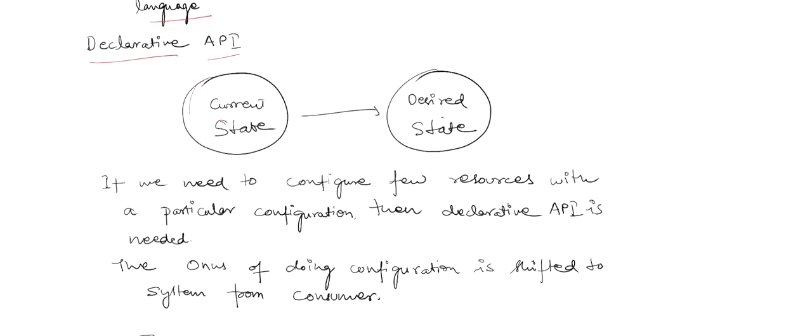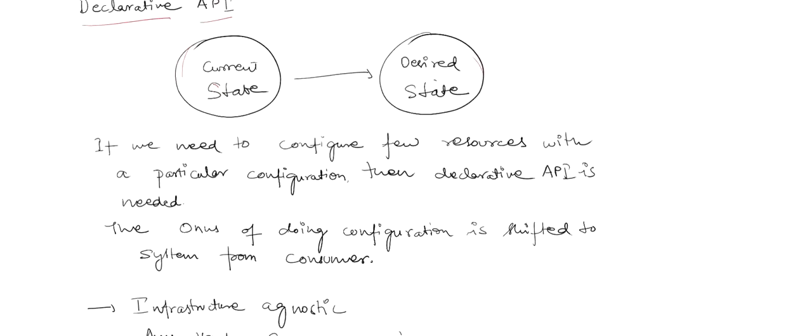From the current state, we just have to give the desired state, and then we need not worry about how this desired state will be achieved. The declarative API will do it on its own.